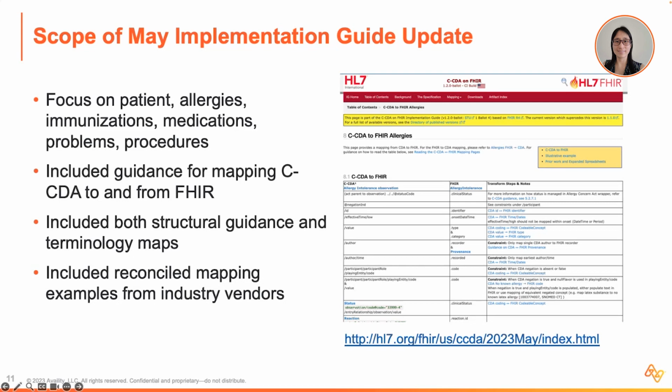So the structural guidance is shown in the screenshot. Basically, it says, field A on the C-CDA side should be mapped to field B on the FHIR side. And terminology maps are included there as hyperlinks. Basically, for the specific attributes, terminology maps will tell you, if you get this value in this attribute, then you should map this value to the relevant FHIR attribute.